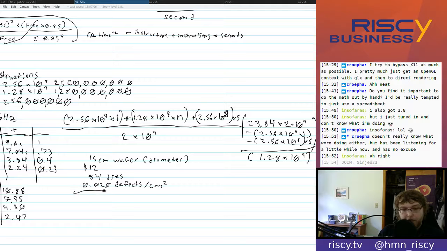All right, and then we have a 20 centimeter diameter wafer. It has a cost of 15, so we're going to say 15 space bucks.